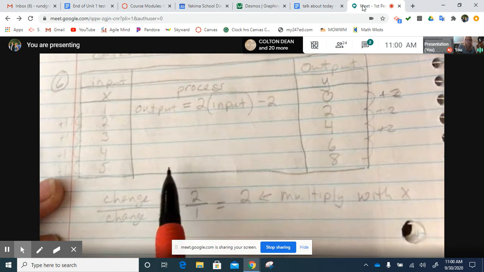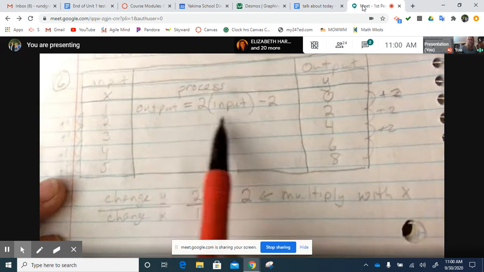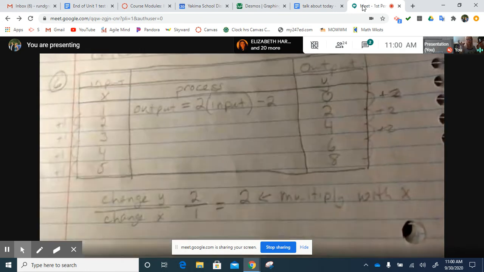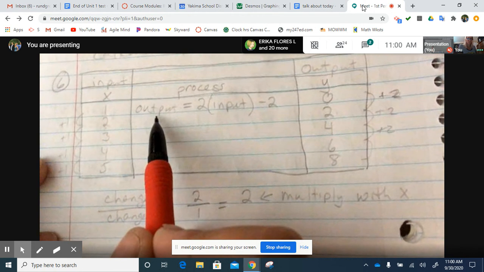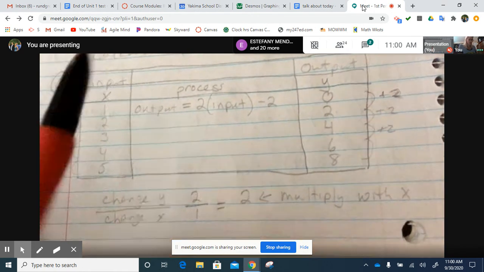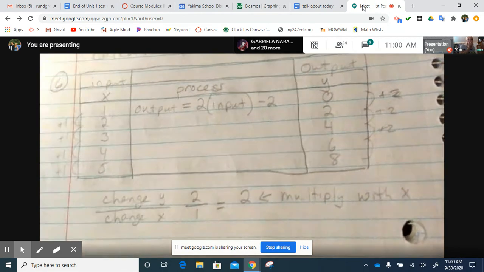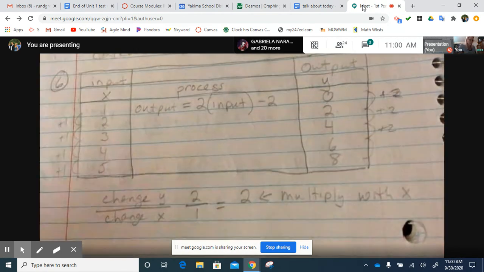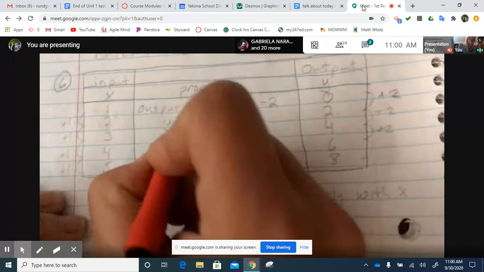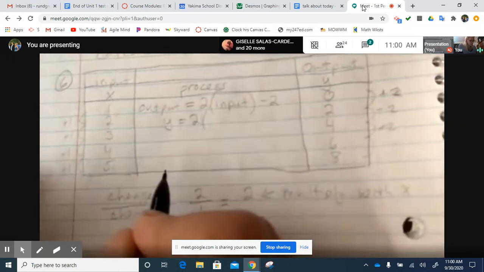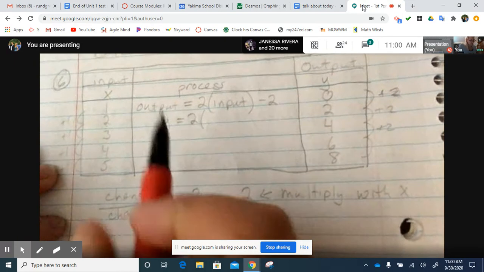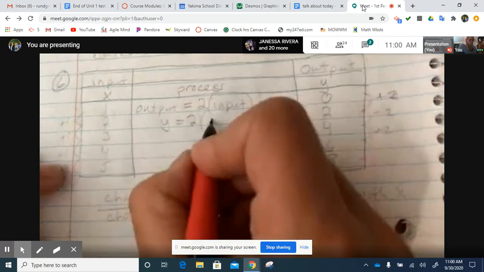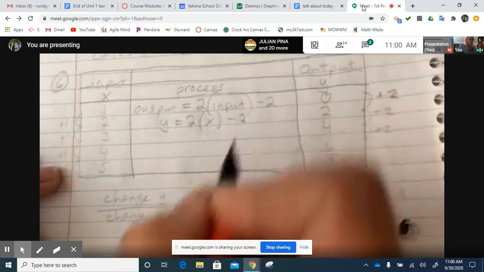Oh, okay. Yeah, we could do that. Instead of writing output and input though, why don't we use X and Y? So our output is what? X or Y? Our output is Y. So Y equals 2 times our input, which is X minus 2.